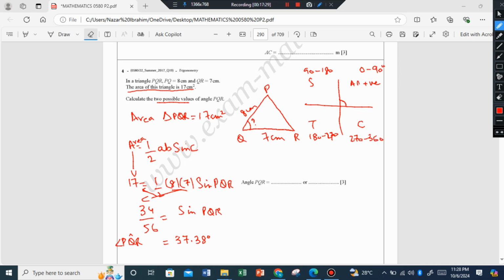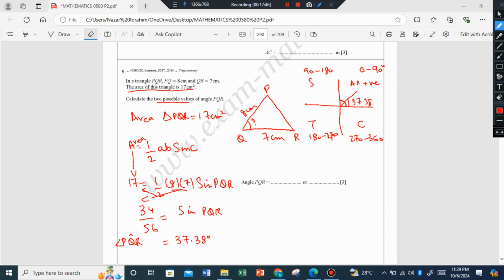Now the thing which should come to mind is that the angle which we have got, 37.38, lies in the first quadrant, right? It must be somewhere over here.